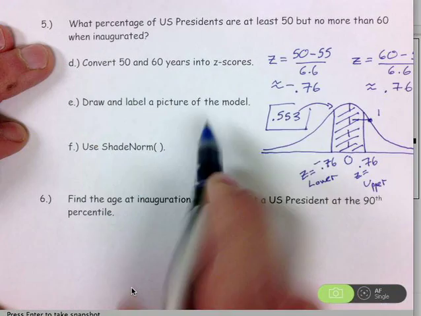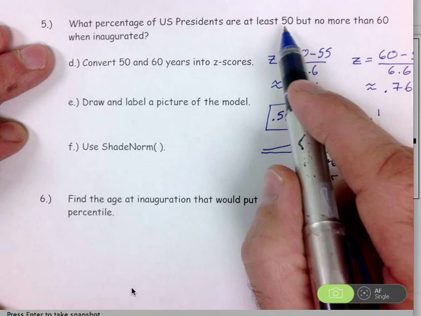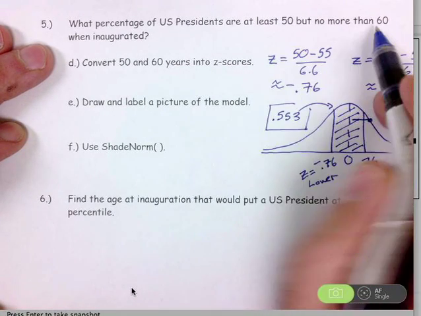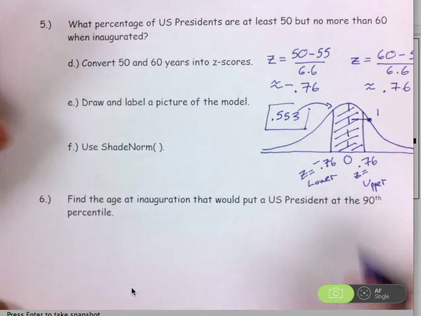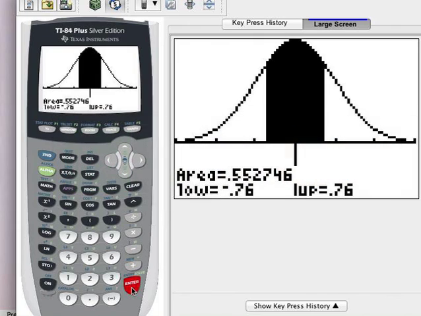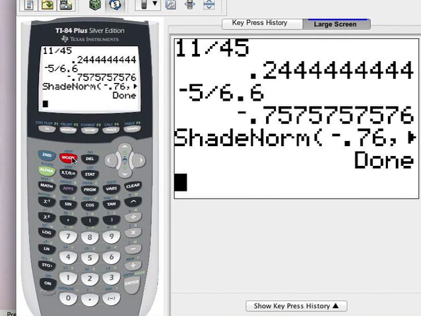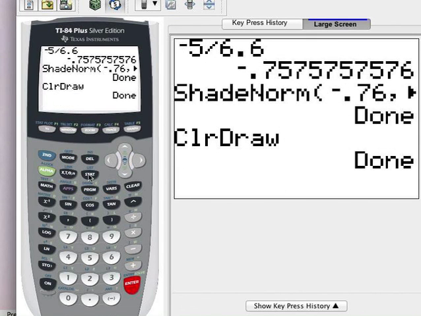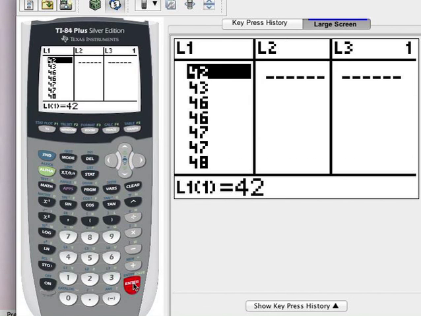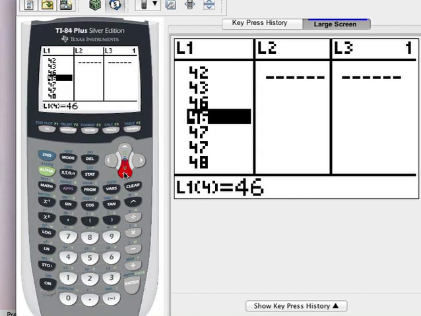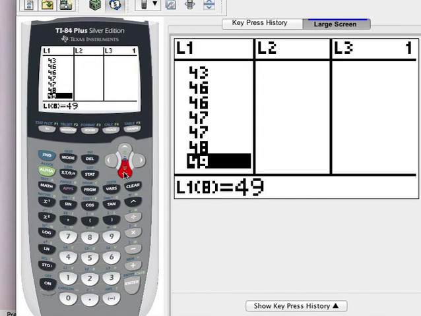Let's actually go to the data and see how many presidents are at least 50 but no more than 60. The actual data are already sorted, so I'm going to go back to the home screen, just to have myself ready for later. Second program, enter, enter. I'm going to clear the drawing. Now I'm going to look at my observations and count how many presidents I have from 50 to 60 years of age.